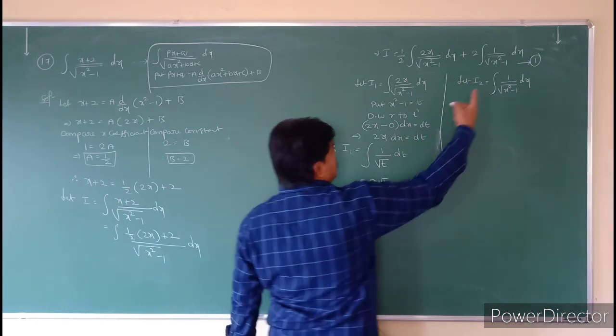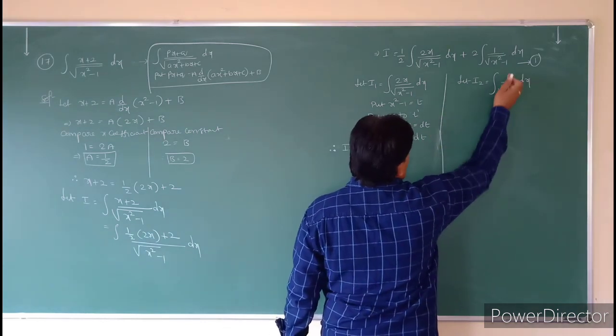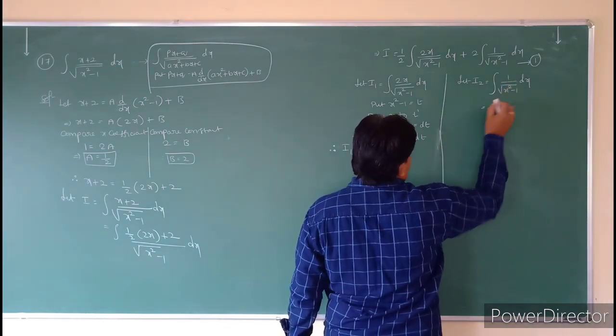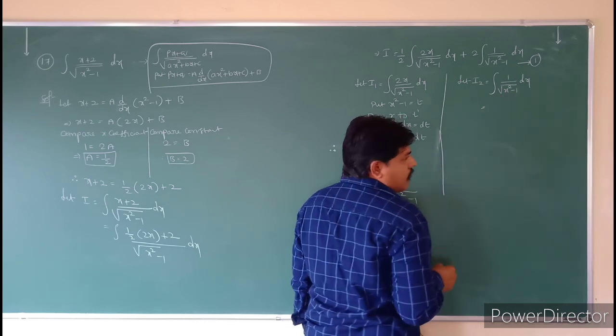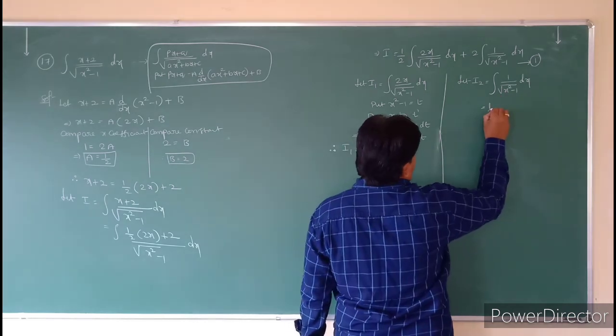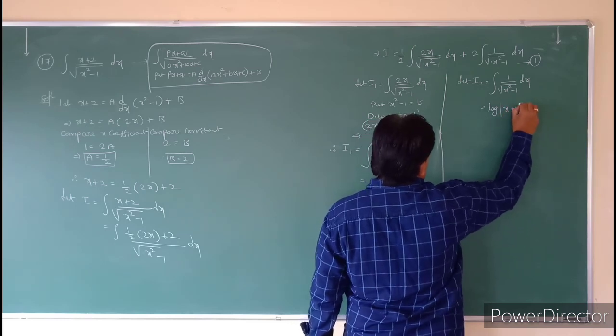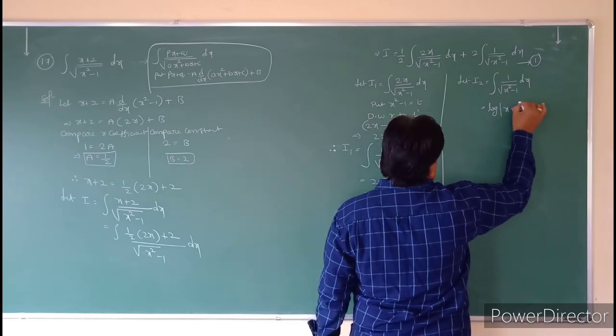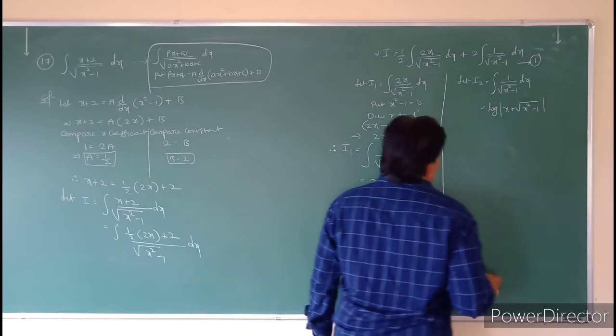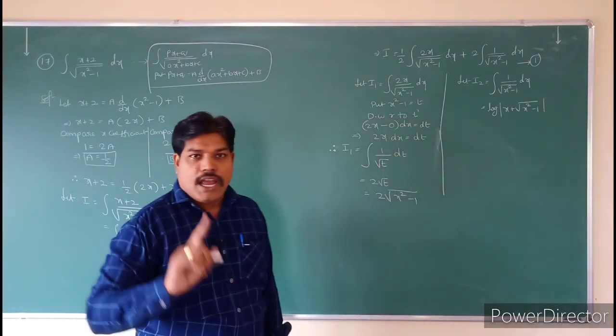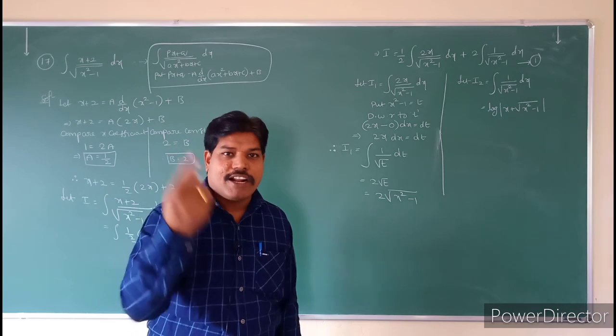Next, I2. I2 is equal to the integral of 1 by root of x square minus 1. Directly, the integral of 1 by root of x square minus 1 is log of mod x plus root of x square minus 1. I don't take the c value here either; I will take the integral constant in the final answer.